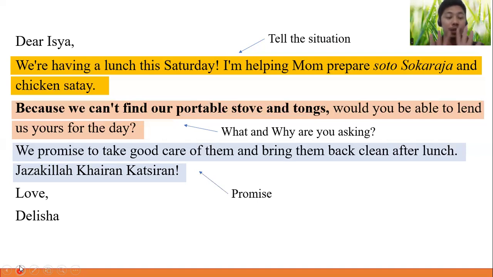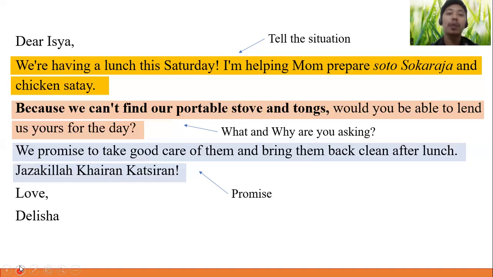Jadi pertama situasinya dulu. You must tell the background of the situation that you face, what you're going to do next, and then what you want to borrow, the things or the item that you want to borrow from someone. Okay? And then after that, setelah teman-teman sudah tell the situation, coba sebutkan nih, what items that you need.